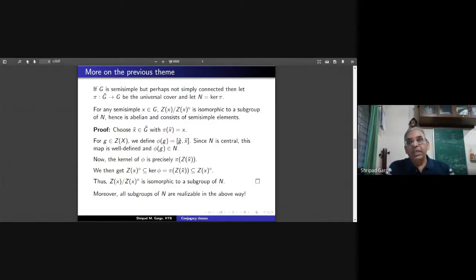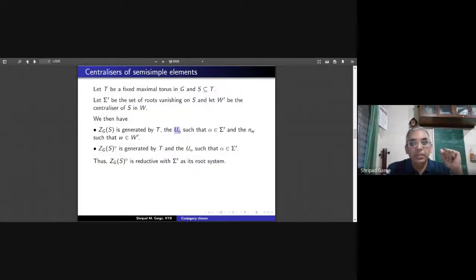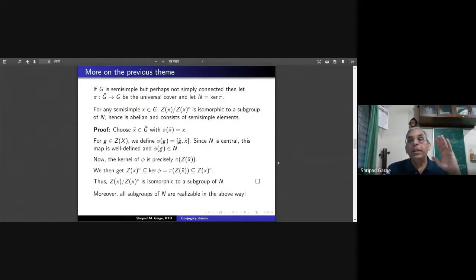There is one very nice result which says that if your group is simply connected, then the previous centralizers that we have taken, for singleton X, are already connected. So if your group G is simply connected, then these semi-simple centralizers are connected. And one may ask, what would happen if your group is not simply connected?